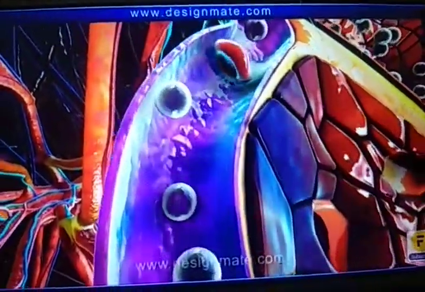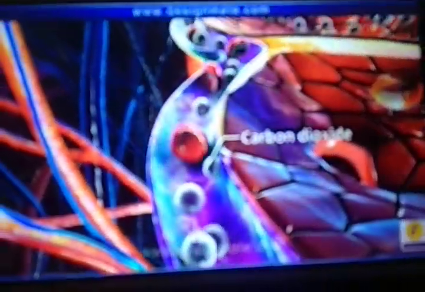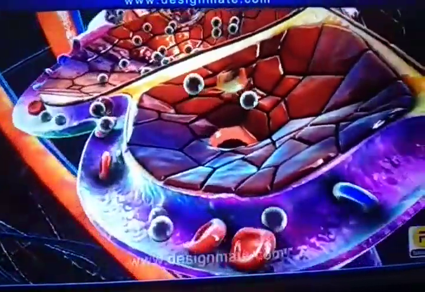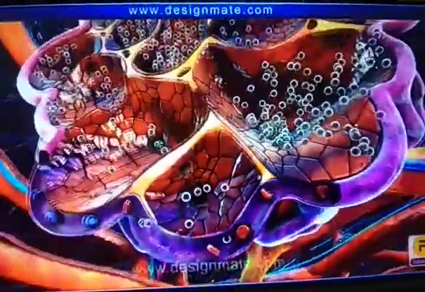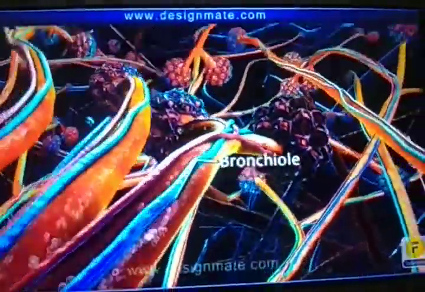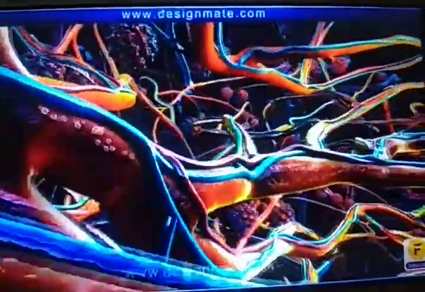The blood moving into the alveolus contains RBCs and carbon dioxide molecules, and these molecules are released into the alveolus. The carbon dioxide collects in the alveolar chamber, and then from the alveolus it travels through the bronchioles into the bronchus, which finally reaches the trachea and is breathed out through the nostril.